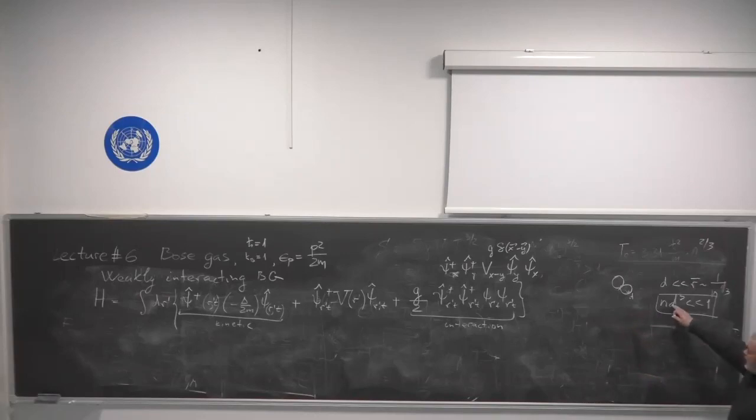So the density times the proper scale, the size in quotes, or scattering length, to the power d, should be much smaller than 1. This is the gas parameter. Since my particles are neutral, in contrast to the Coulomb gas which we considered last week, we assume that weak interaction corresponds to the low density limit. There is no long range interaction.